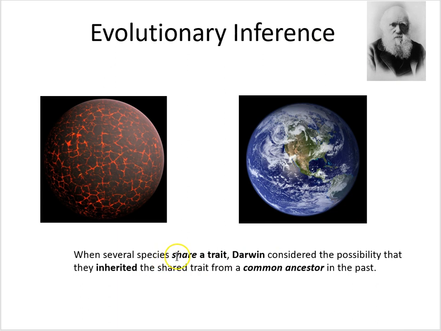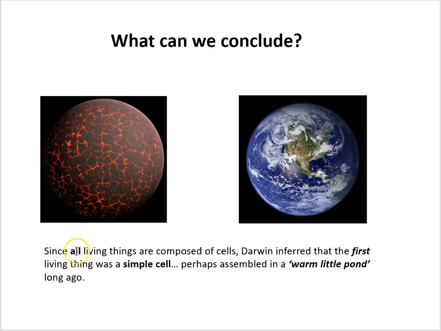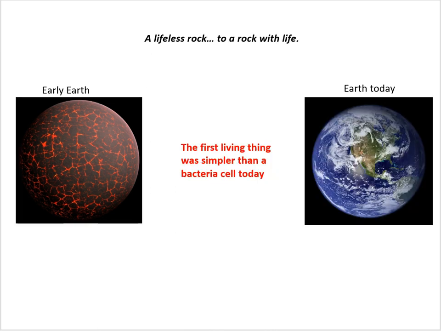When several species share a trait, Darwin considered the possibility that they inherited the shared trait from a common ancestor in the past. And you'll recall that all living things are composed of cells. So Darwin infers that the first living thing was a simple cell, perhaps assembled in a warm little pond long ago. And so then, the first living thing on Earth was simpler than a bacteria cell today.